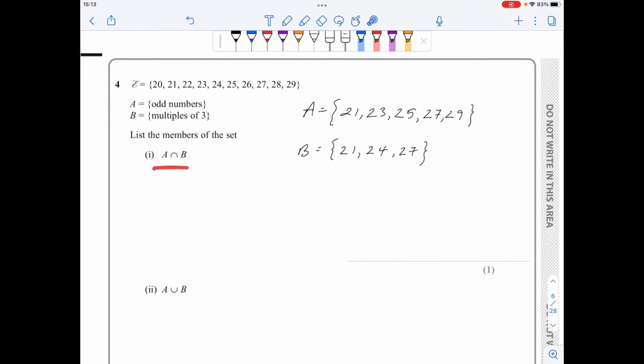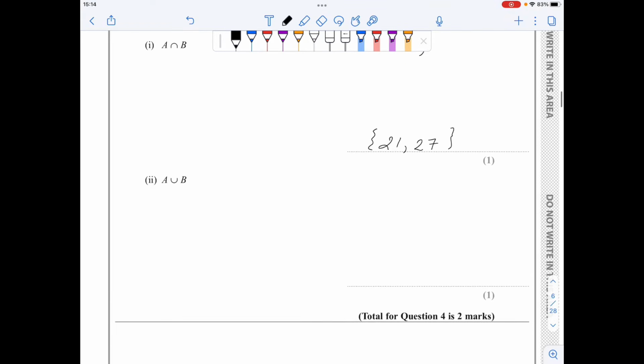So A intersection B are all those elements that are in both A and B. So these are 21 and 27. And A union B includes all the elements that are either in A or B or both. So I get 21, 23, 24, 25, 27, and 29.